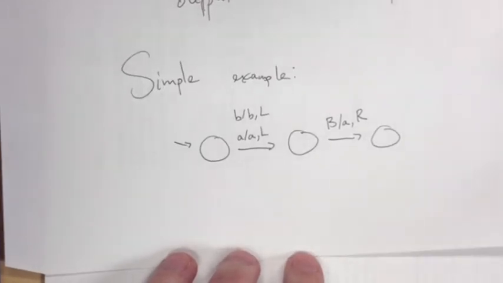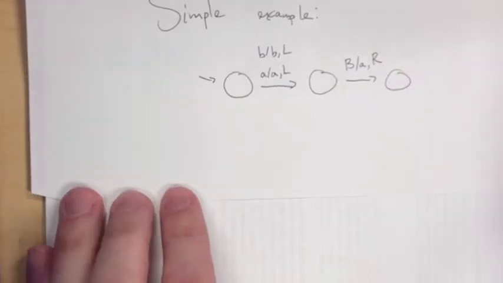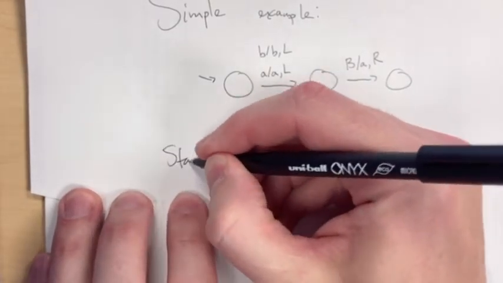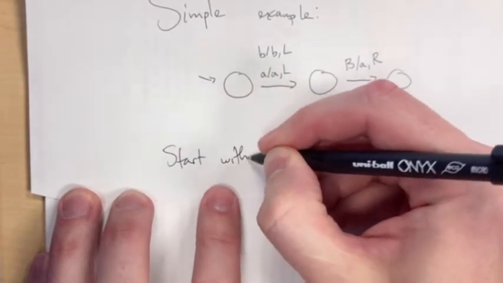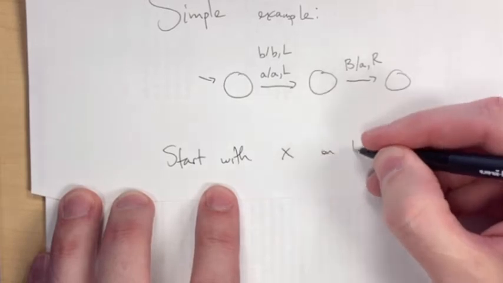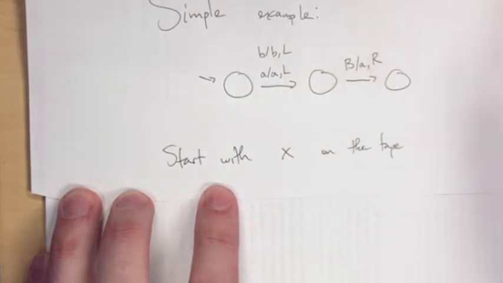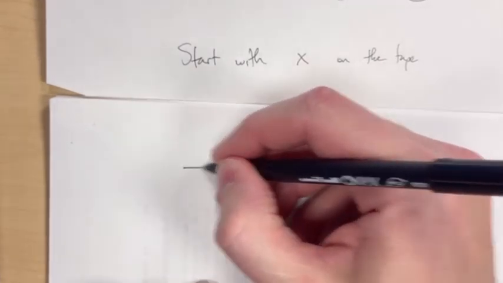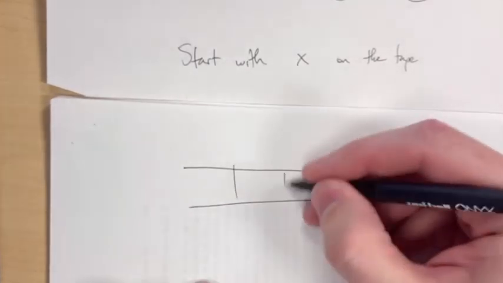Let's say we start with some string x on the tape. I don't usually draw the tape, but it'd be something like this.